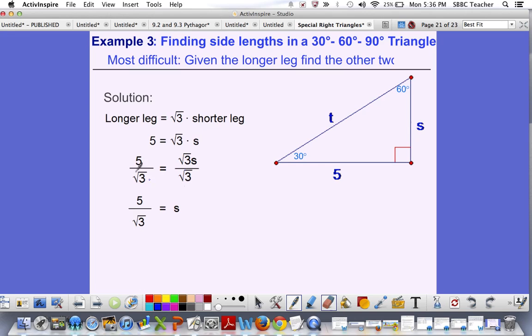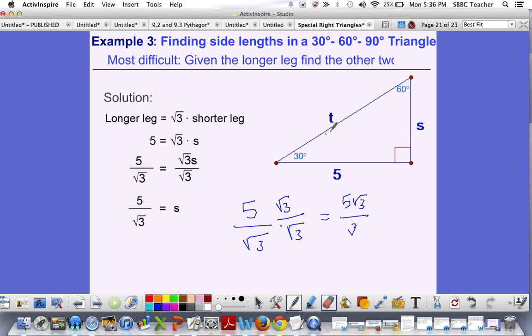So we have to solve for s. We divide both sides by radical 3, and we get s is equal to 5 divided by radical 3. But as you remember, you cannot leave a radical in the denominator, so we must rationalize this. So we're going to do 5 radical 3 times radical 3 over radical 3, and we get 5 radical 3 over 3. And that is the length of the shorter leg.